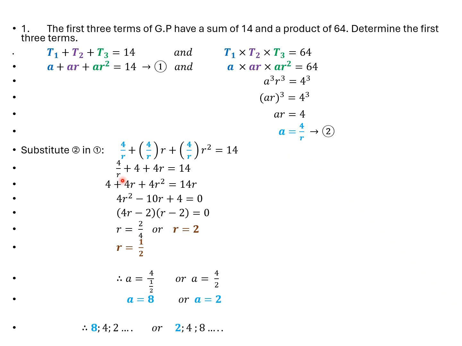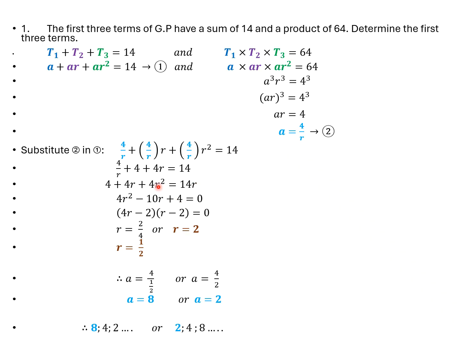To get rid of the denominator, I multiply everything by r. So 4 over r times r becomes 4, 4 times r becomes 4r, and 4r times r gives me 4r squared, equals 14 times r gives me 14r.